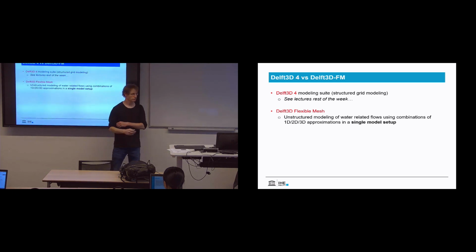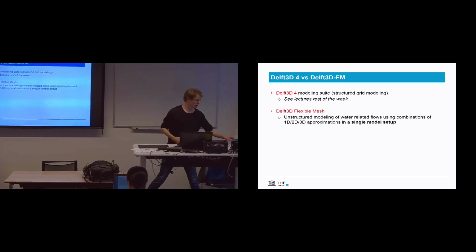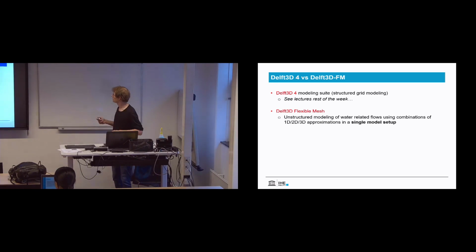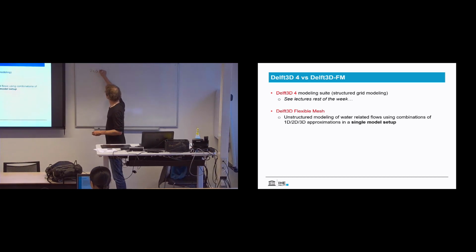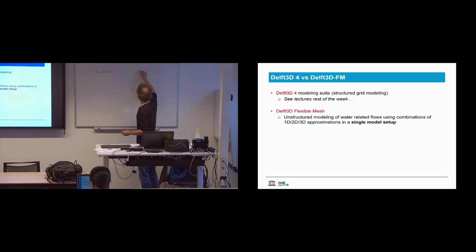I use these terms a lot, and I realized that I didn't really explain in my lecture what the difference is. So let's start with the structured grid. This is what you have seen.